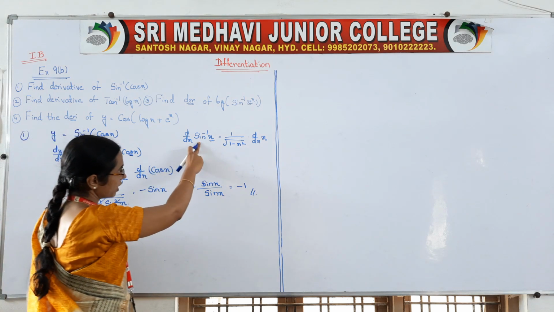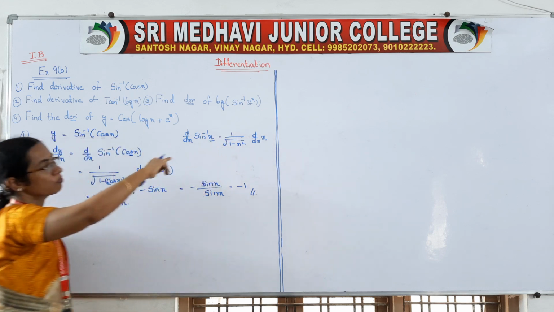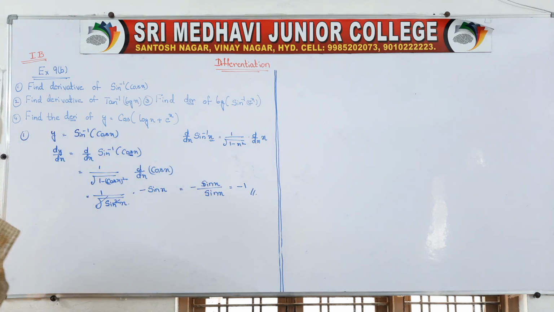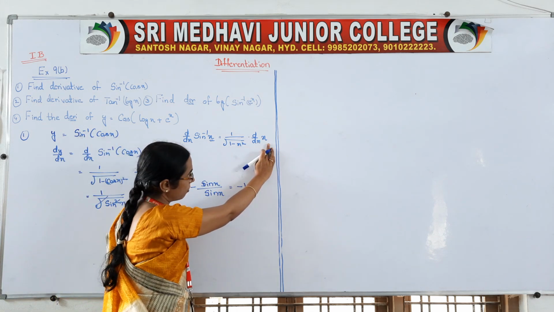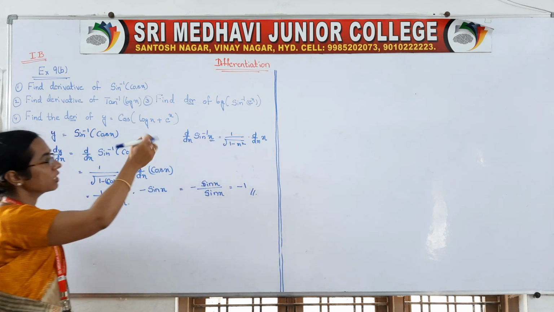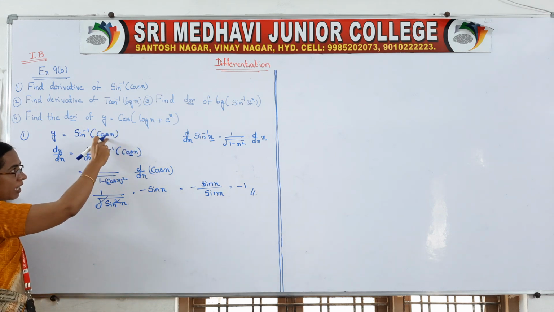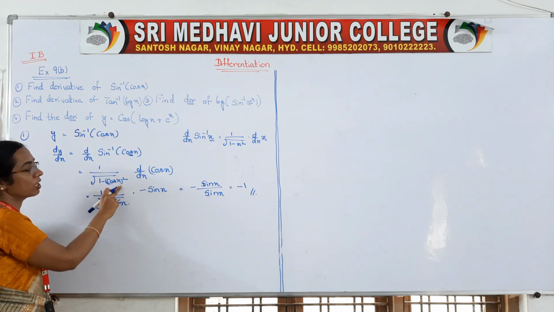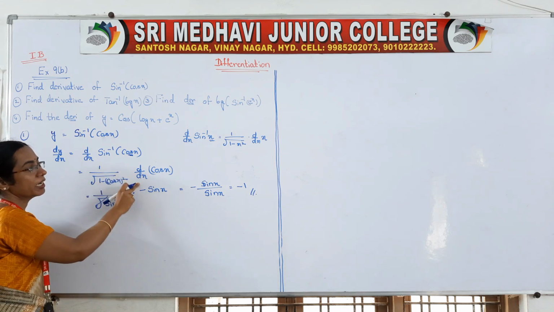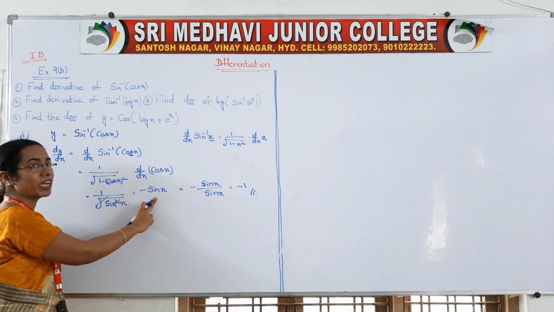D by dx of sine inverse of any variable is equal to 1 by root of 1 minus that variable whole square into d by dx of that variable. In that variable's place we have cos x. So 1 by root of 1 minus cos x whole square into d by dx of cos x, which is minus sin x.